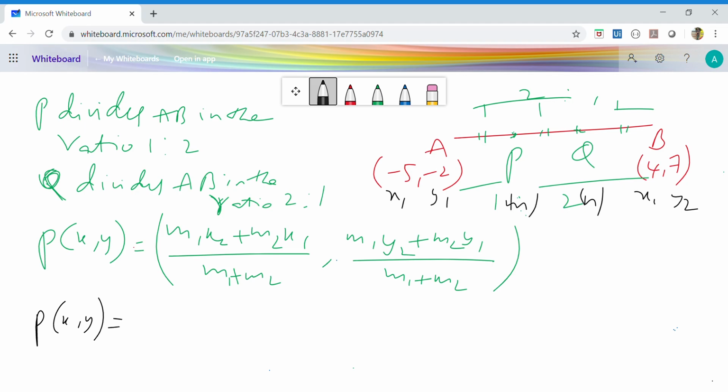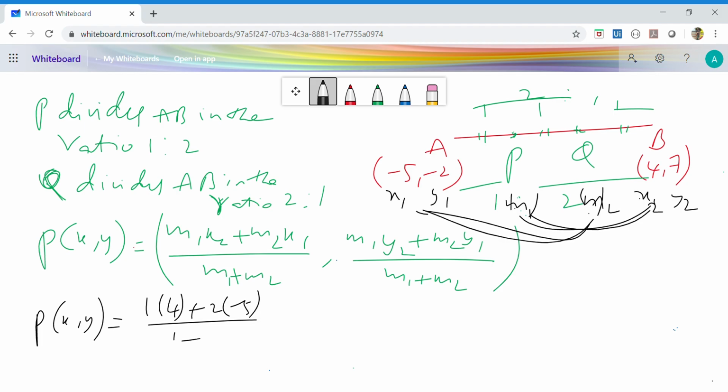So the ratio m to n, so m1 x2 plus m2 x1 by m1 plus m2. So like this you have to multiply. What you have to do? 1 into 4 plus m2 is 2 into x1 is minus 5, by m1 plus m2 is 1 plus 2.